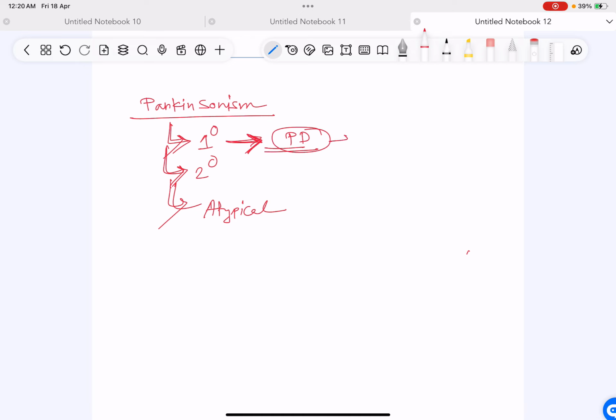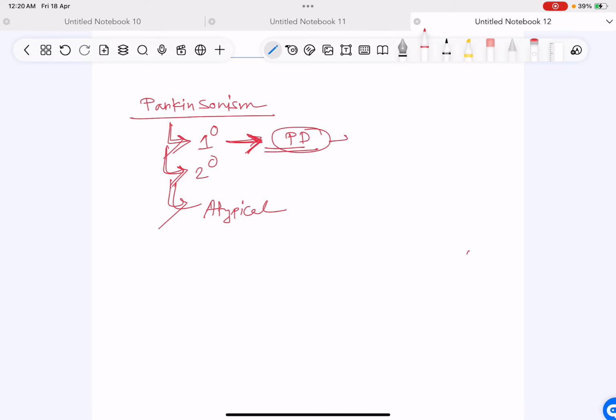Let me ask you questions. What is the hallmark of progressive supranuclear palsy? Can you remember? It is vertical gaze palsy.